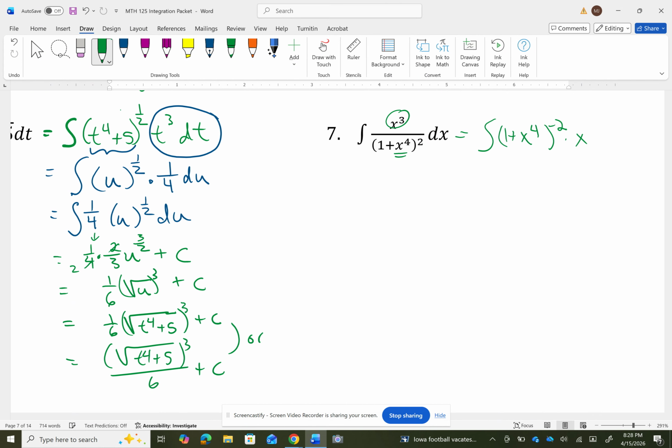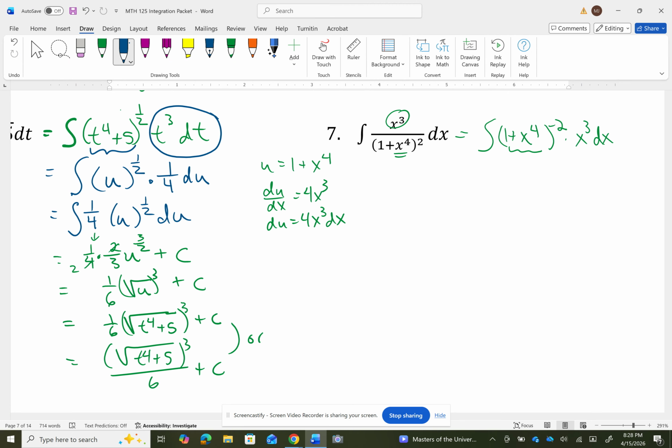And then I can think about that x to the third over there with the dx. So I'm going to let u equal that 1 plus x to the fourth. And I'm going to take a moment to do the derivative of u with respect to x, and then bring that dx over and get that written in differential form.